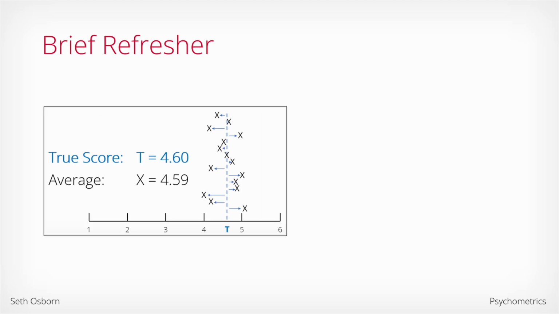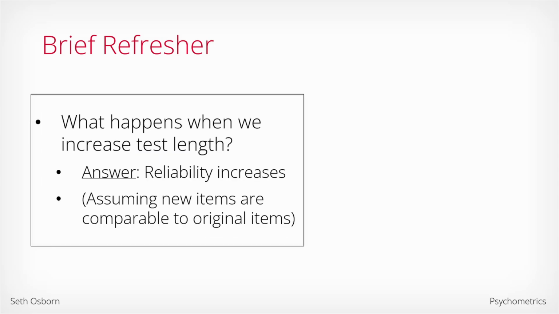The principle of aggregation essentially states that because random errors are as likely to be overestimates of the true score as they are to be underestimates, they'll tend to cancel out when you add them together. And this is increasingly true as we increase the number of observations. So, taking all of this together, we can conclude that increasing the test length should increase the reliability, at least assuming the new items are comparable to the original items.